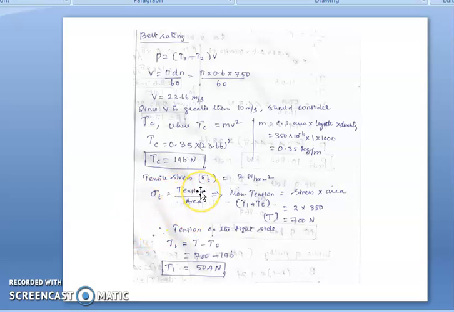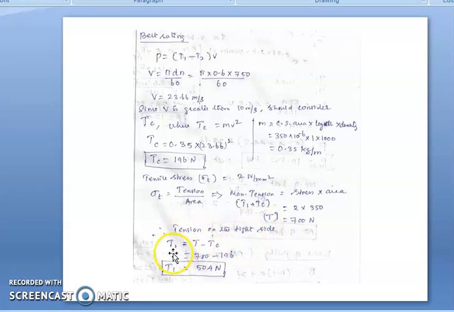Now the tensile stress, that is a simple stress formula. Stress is equal to load by area. Here the load is nothing but the tension. So the maximum tension is equal to stress into area. The maximum tension means the total tension acting on the tight side.